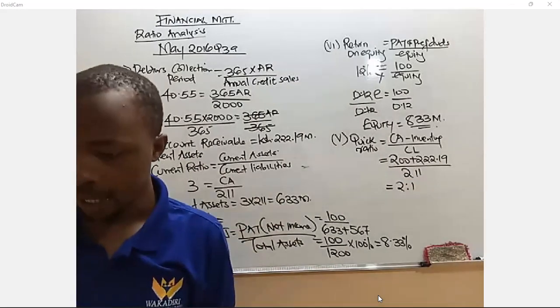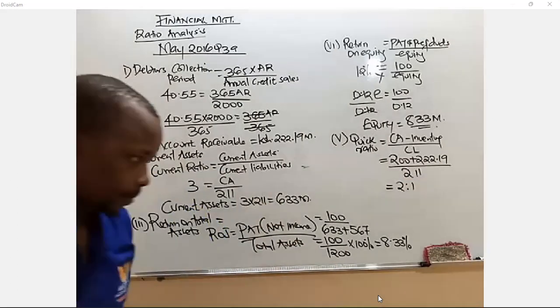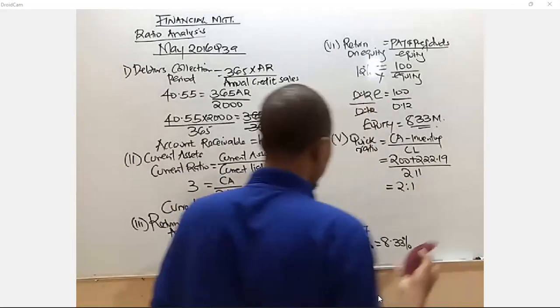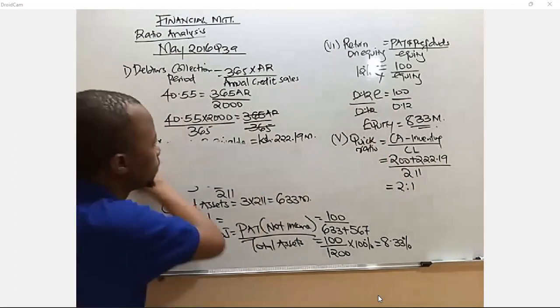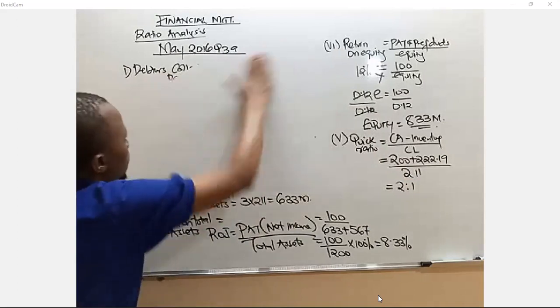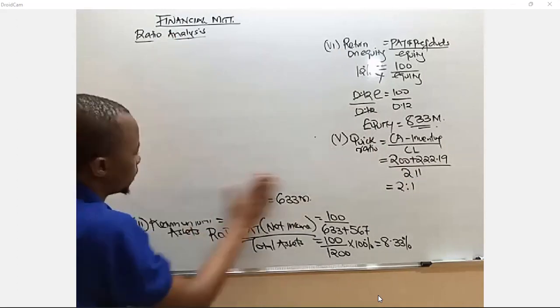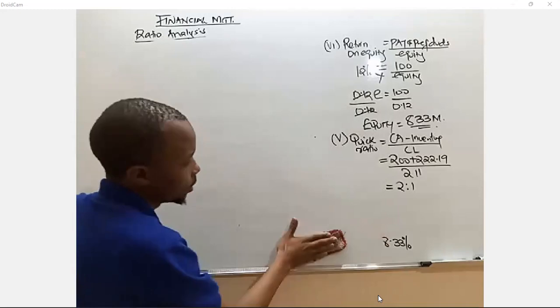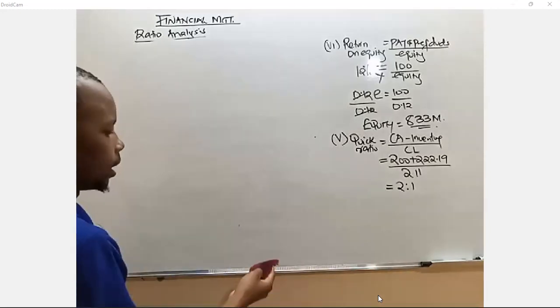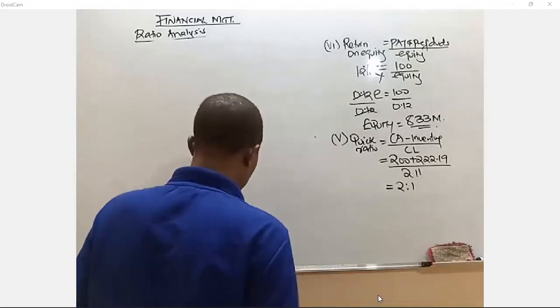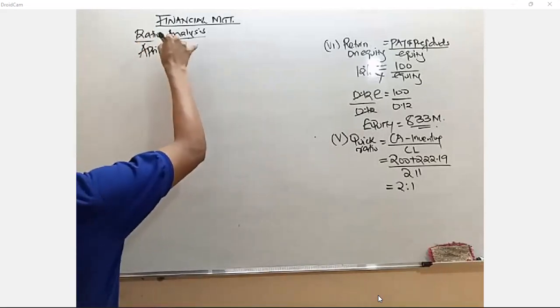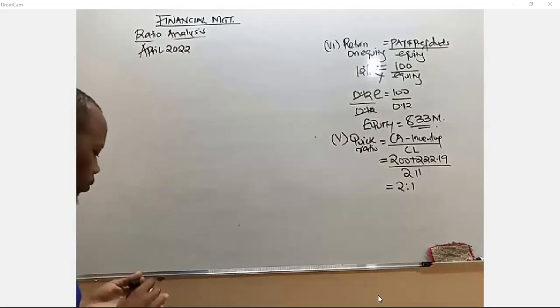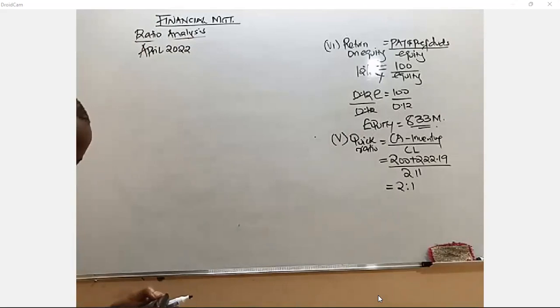So from there, allow me to do the last question of the day, and we call it a day. There is a question there from April 2022. Let me just look at which question it is.